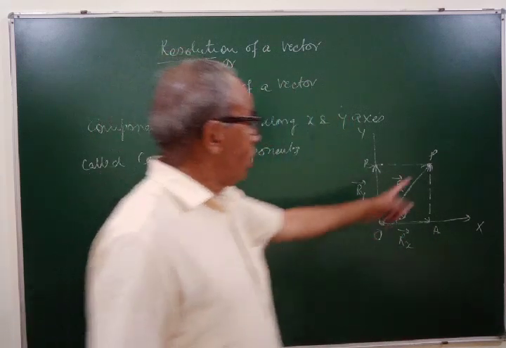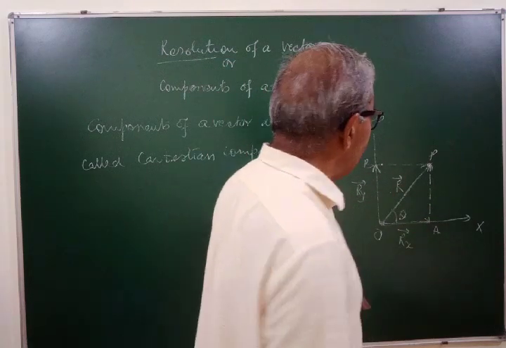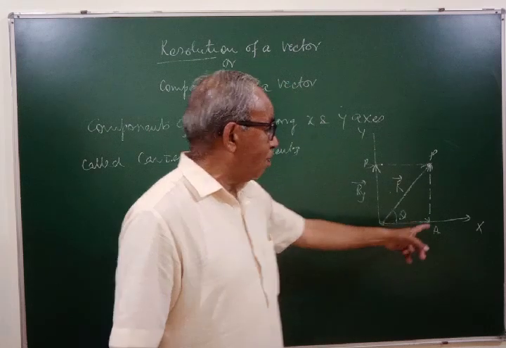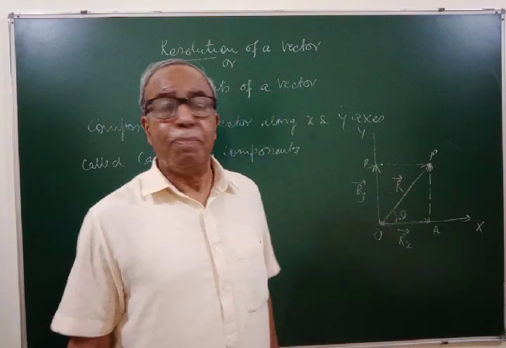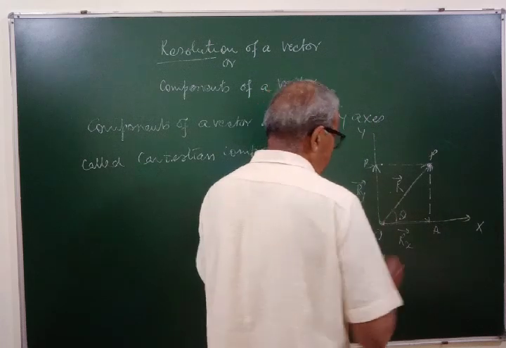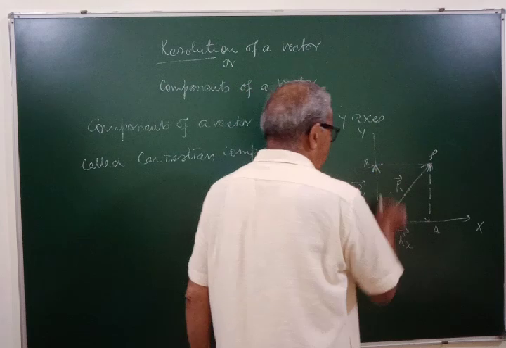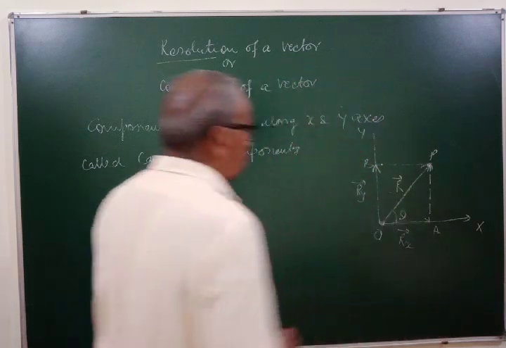So we draw perpendiculars on the x-axis and y-axis, which meet the two axes at point A and at point B. Here OA represents vector Rx, which is the component of vector R along the x-axis, and Ry along the y-axis.